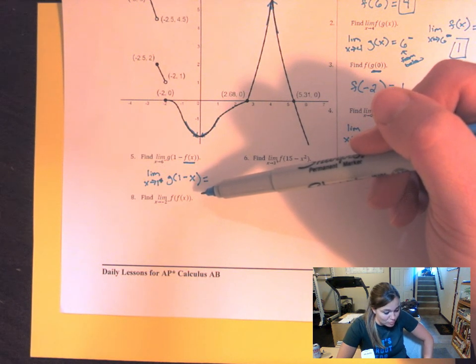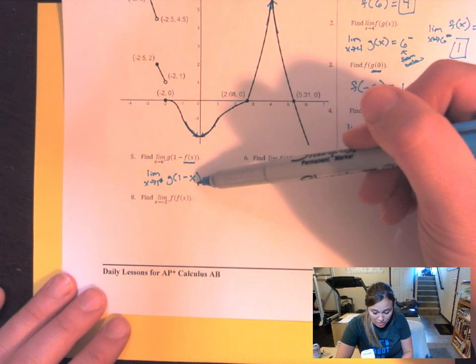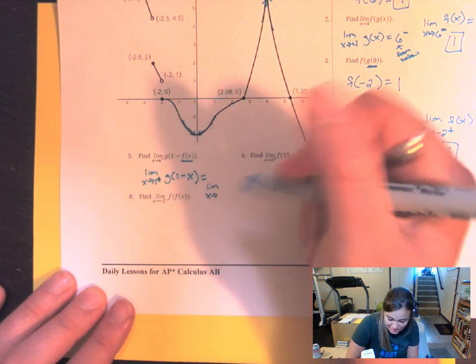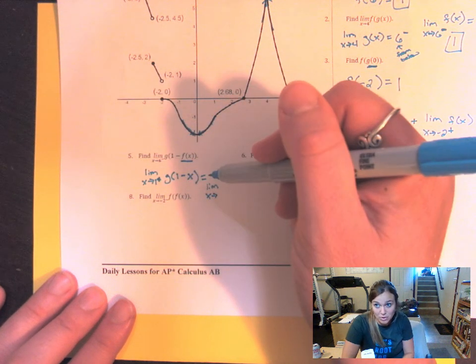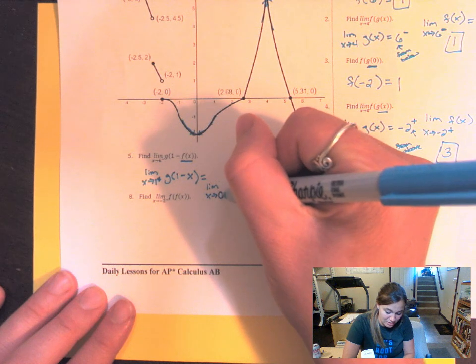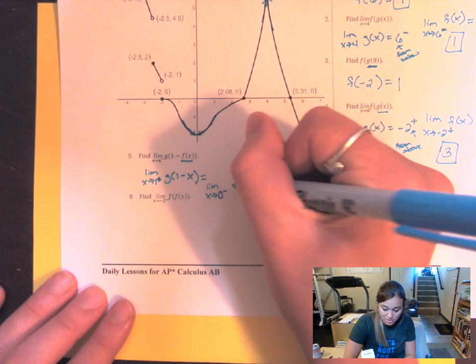So this would be 0, but then a little bit to the left. Does that make sense? 1 minus 1 is 0. 1 minus a little bit more than 1 would be a little less than 0. So 0 to the left of g of x.